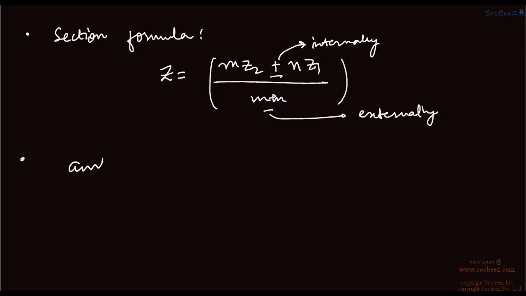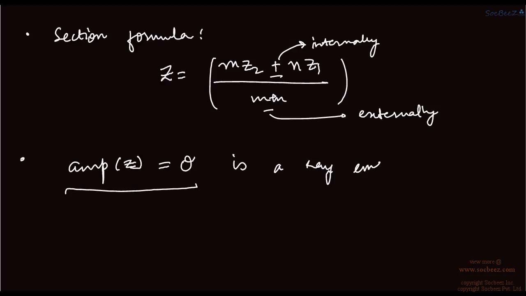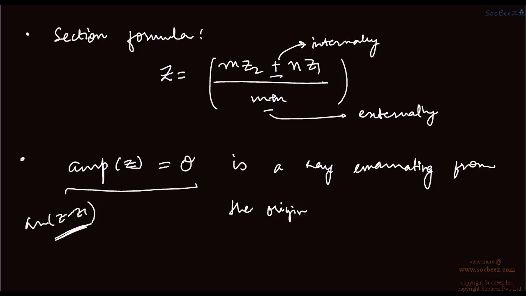Now we have something, amplitude of z. This is called theta. If it is given to you that the amplitude of z is pi by 2 or any angle, this is a ray emanating from the origin. If this is the amplitude of z minus z1, then it will be originating from z1. In this case, you can write it as z minus 0, where 0 is the origin.